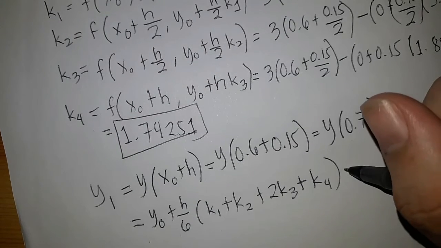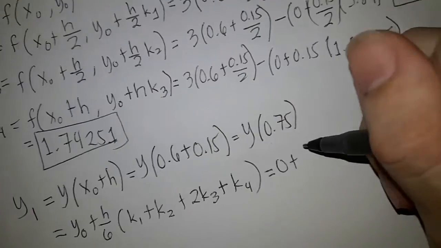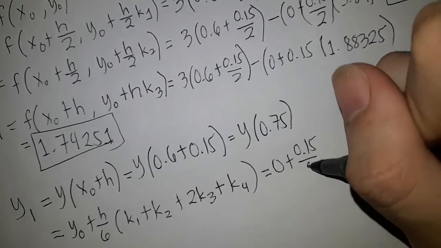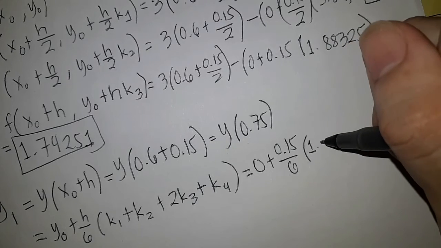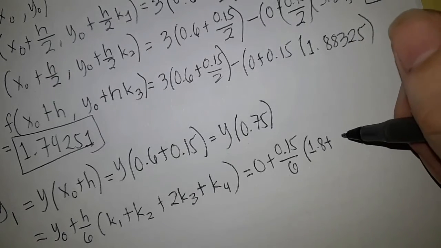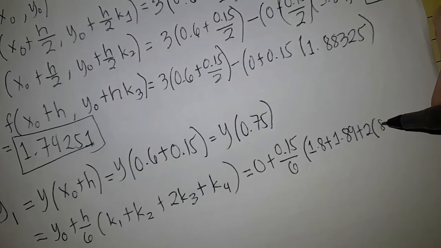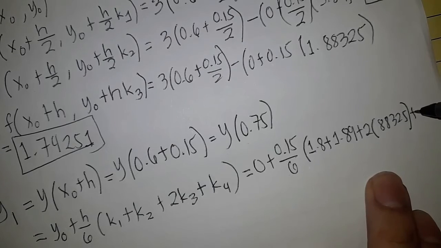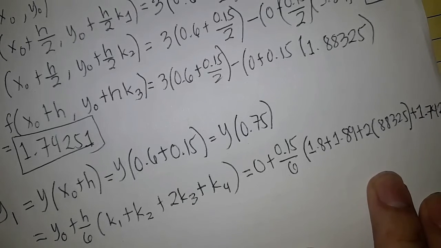So this will become 0 plus the value of h, which is 0.15, divided by 6 times the value of k1, which is 1.8, plus 2 times k2, 1.89, plus 2 times 1.88325, plus k4, which is 1.74251.